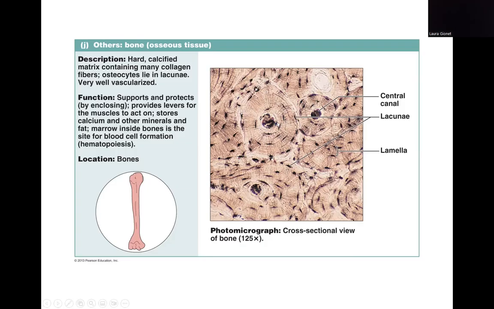Those are called the canaliculi, or can I lick your eye? And those canaliculi are narrow passageways through this compact bone, connecting the lacunae to lacunae to lacunae, essentially osteocyte to osteocyte to osteocyte, from the outer margins all the way to the central canal and back again.